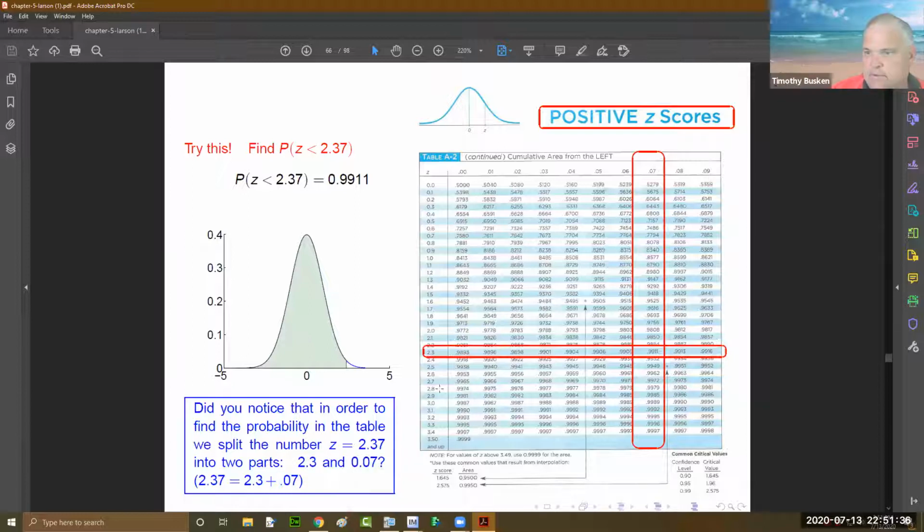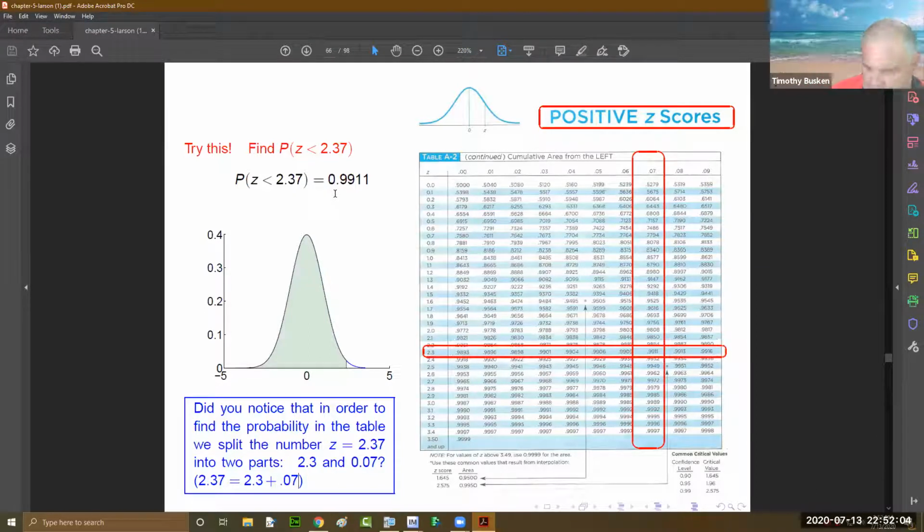So we look for 2.3 in the first column. There it is. And the 0.07, we're looking for that in the first row up here. The row-column intersection gives you a single probability right here. This probability is about 99.11%, or 0.9911, the probability.